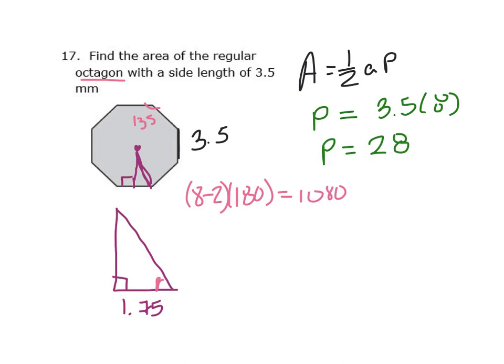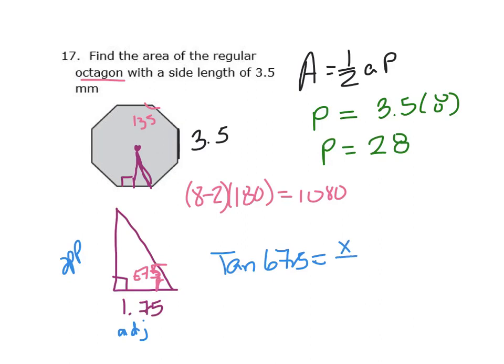And that gives us 67.5. So here we're going to have to go ahead and use trig. We have the adjacent, and we're looking for the opposite. So, SOHCAHTOA. This is going to be TOA. So we have tangent of 67.5 equals our opposite, which is what we're looking for, over our adjacent.